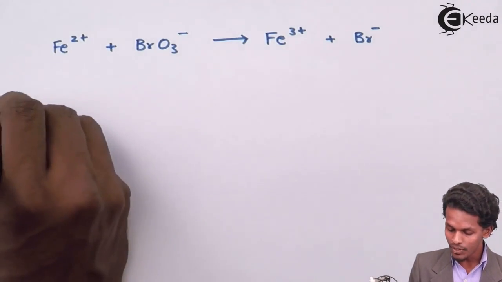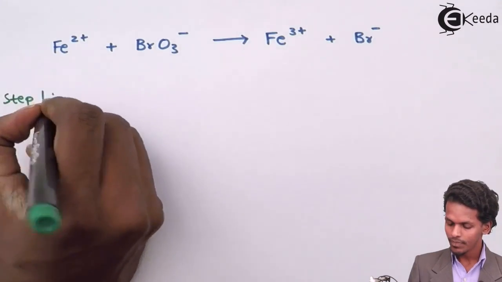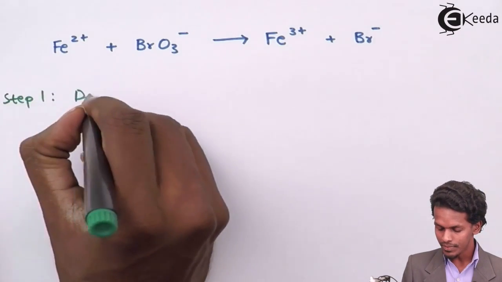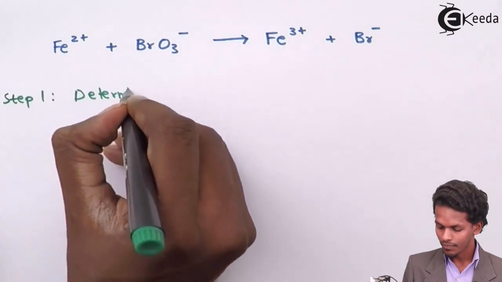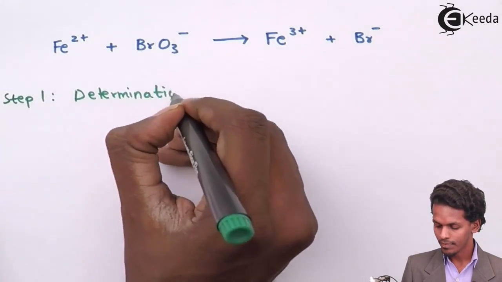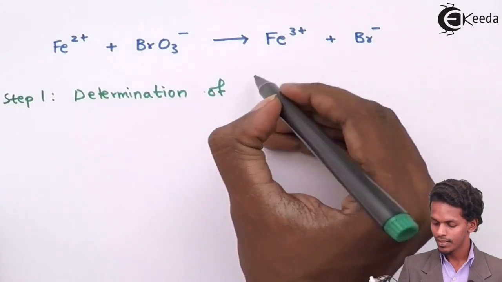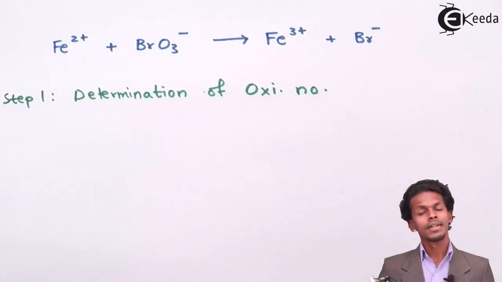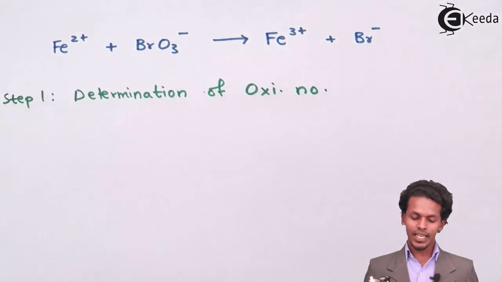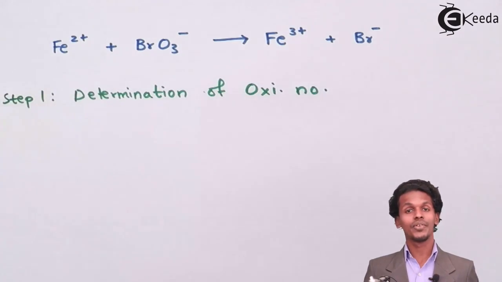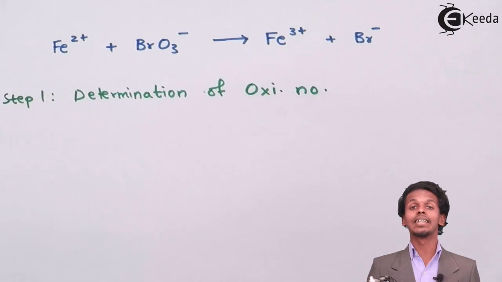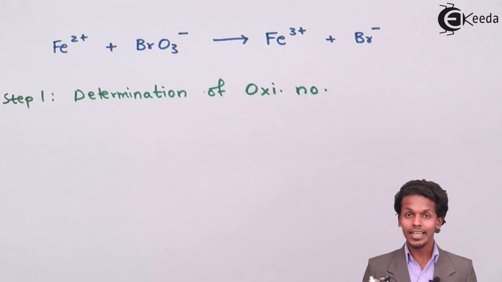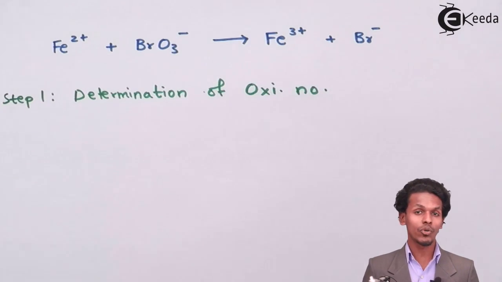So step number 1 would be determination of oxidation number. For the first reactant, that is Fe2+, we don't have to calculate it, because it is clearly mentioned that the charge present on Fe2+ is 2, which is positive.